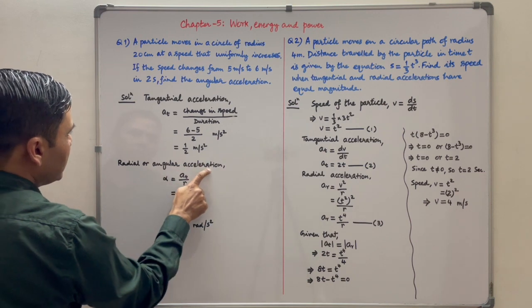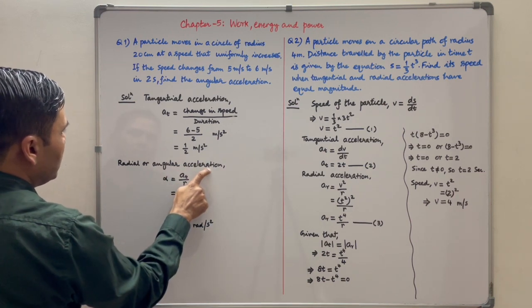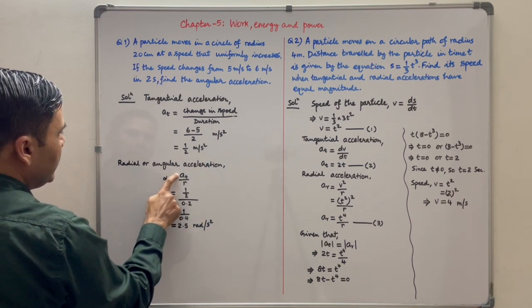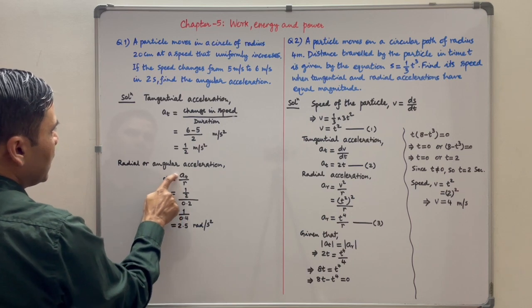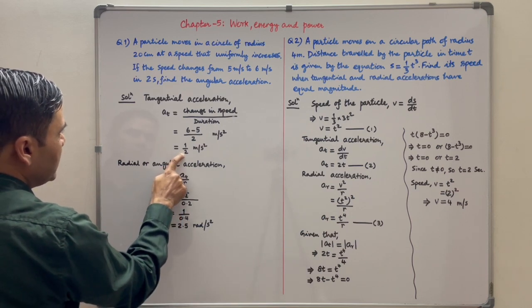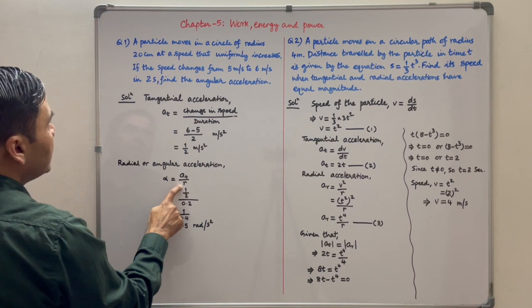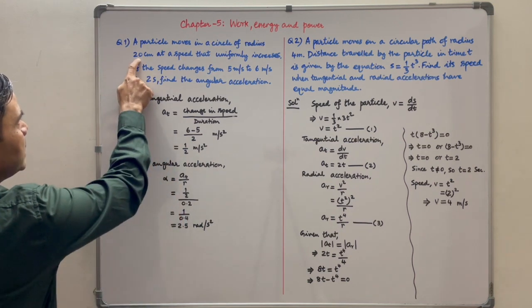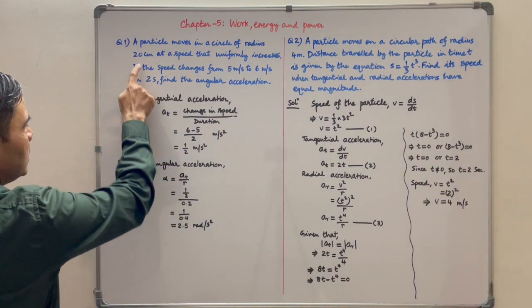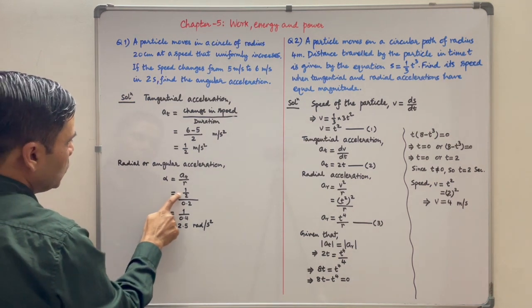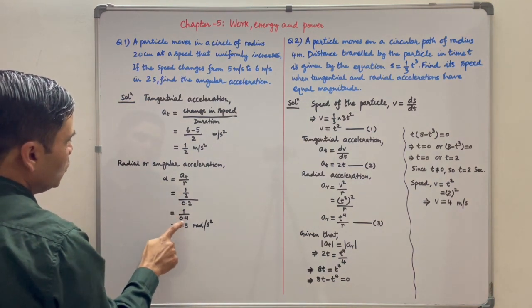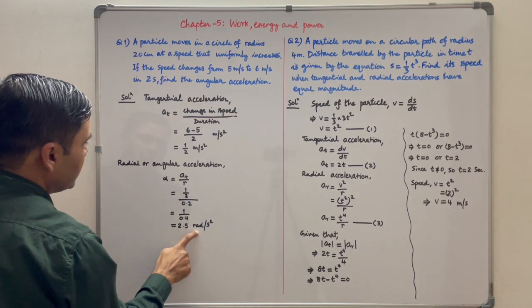Angular acceleration alpha is calculated by the formula alpha equal to at upon r. At we have calculated as 1 by 2 meter per second square. R is the radius of the circle, given as 20 centimeter or 0.2 meter. So alpha is equal to 1 by 2 upon 0.2, and that is 2.5 radian per second square.